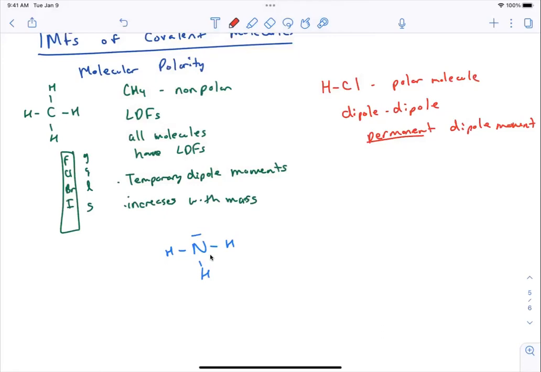Again, we talked about that in organic chemistry. You can only compare the strength of these when you have similar masses. Sometimes the mass gets so different that you can't compare the strength of these. With HCl, you can notate it like this or like this to show the polarity in the molecule. You can draw an arrow pointing toward the negative, or you can write partial positive and partial negative as a way to notate that polarity, that permanent dipole.